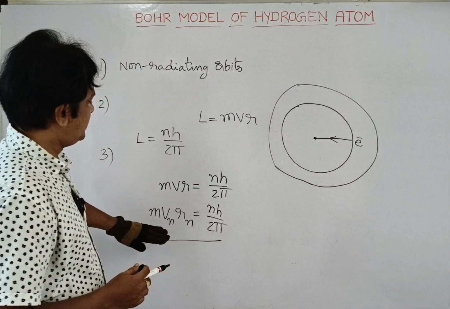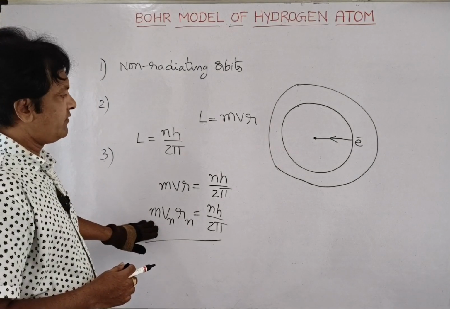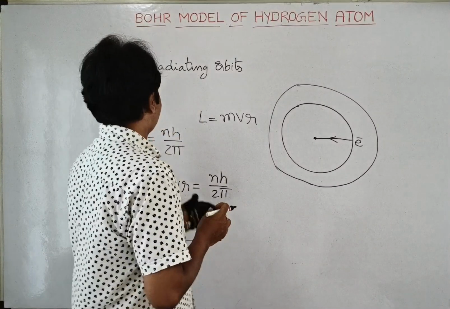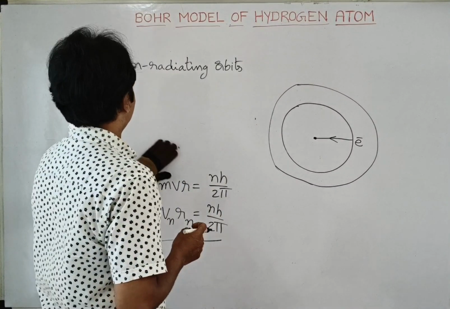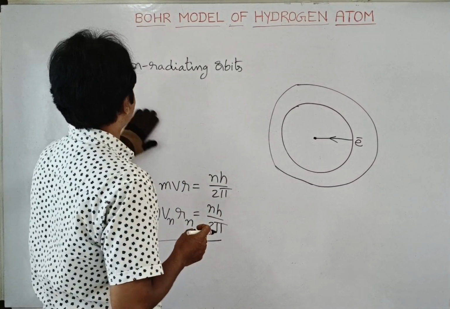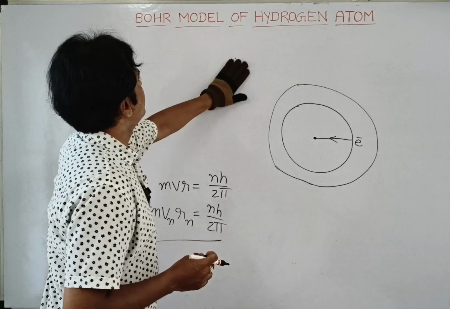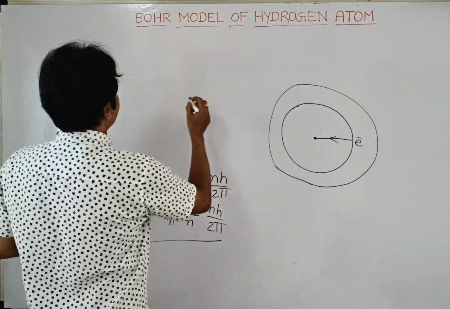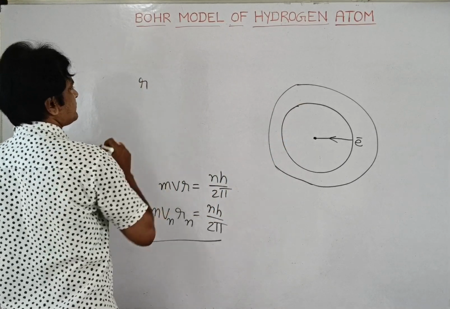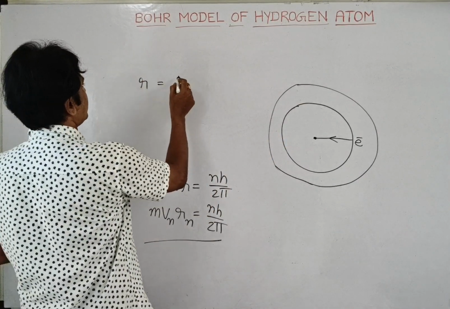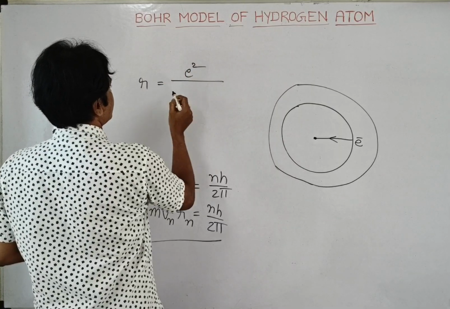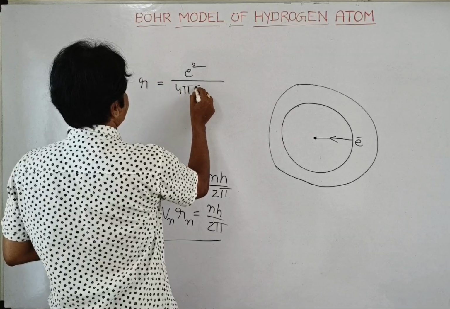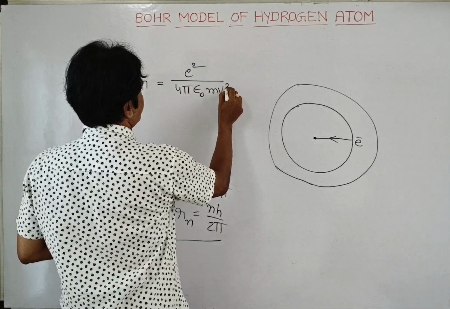By these relations we can find the velocity of an electron in a particular orbit, and for that we use the equation of Bohr radius. The radius of the orbiting electron, which we have already calculated in the previous sessions, is equal to 4 pi epsilon naught m v square.